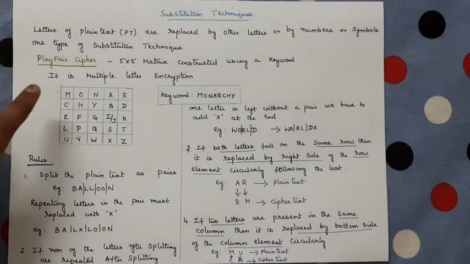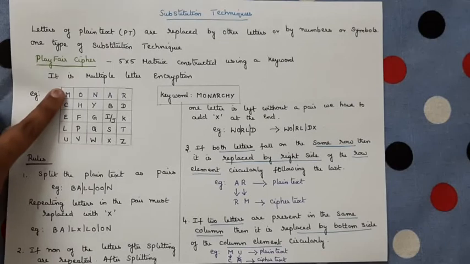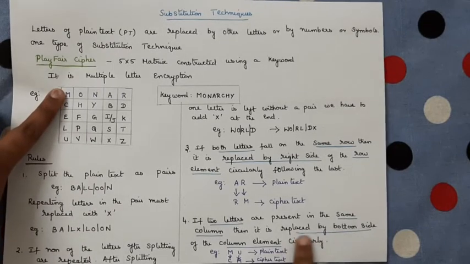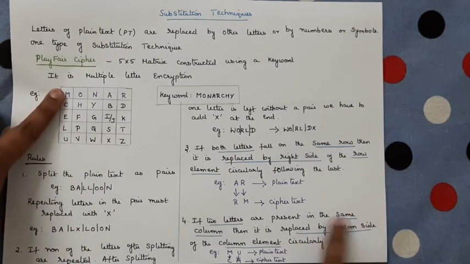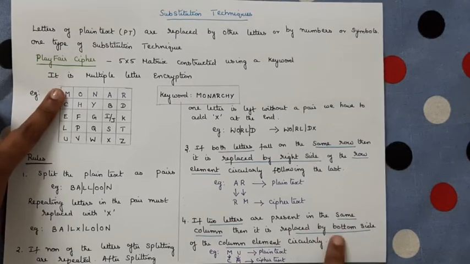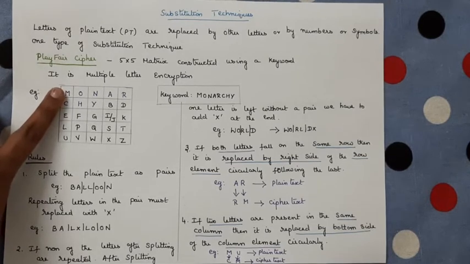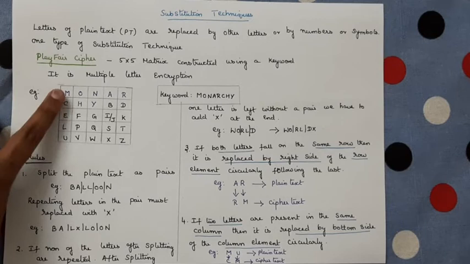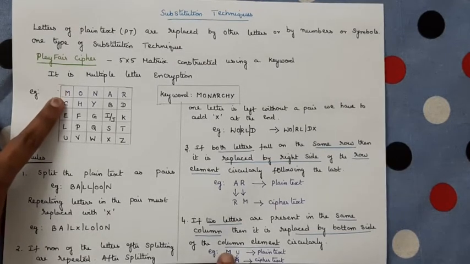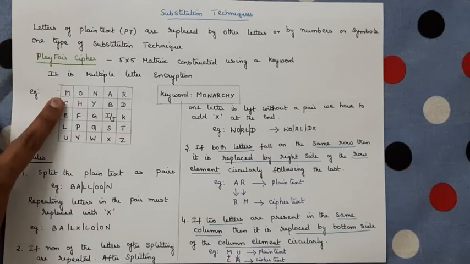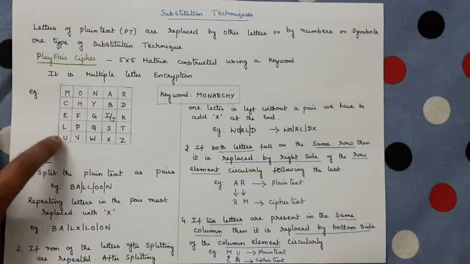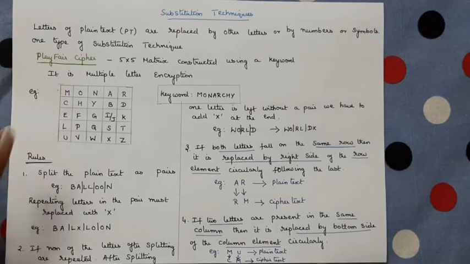If they are in the same column, each is replaced by the bottom side element. So below M, C is there. So M is replaced by C, and then U is replaced by M. So this is my fourth rule.